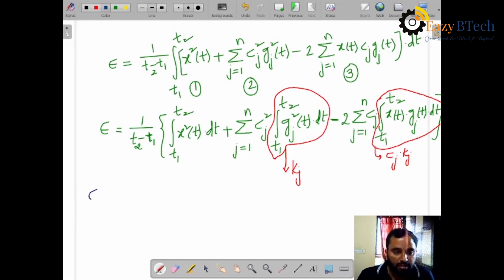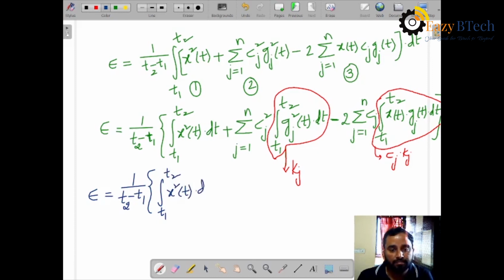Now epsilon will become 1 by t2 minus t1, integral t1 to t2 x square of t dt. This is as usual the first term, plus summation j equal to 1 to n cj square.